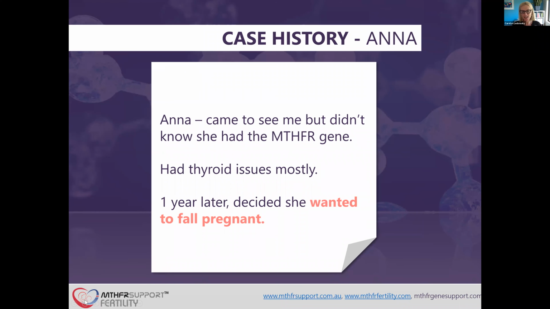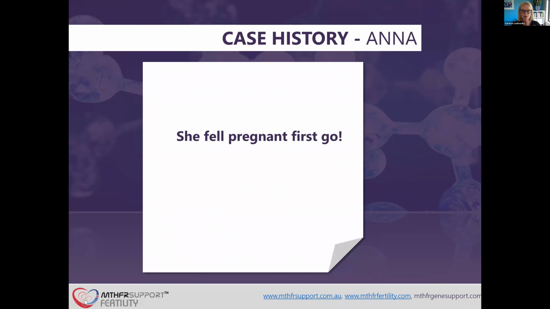This is another patient, Anna. She came to see me, didn't know that she had the MTHFR gene. She mostly had a lot of thyroid issues. So we worked really hard to fix the thyroid issues. And then a year later, she said, well, I want to fall pregnant. I'm getting married soon, but I want to fall pregnant straight away. So we did all the preconception work in readiness for when she got married. And literally, she rang me and said, guess what? I've fallen pregnant first go.